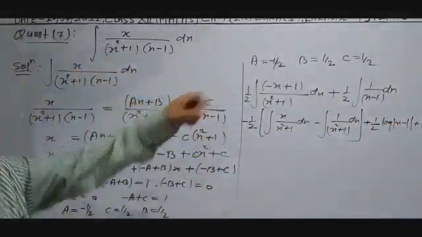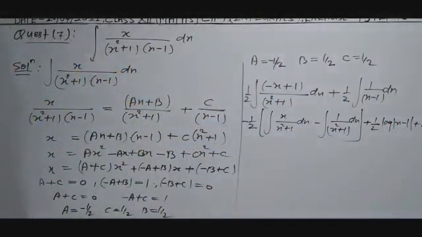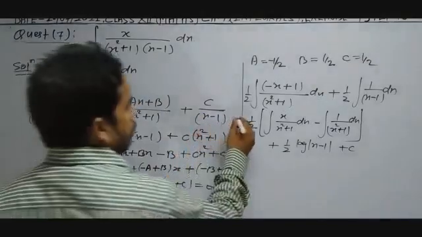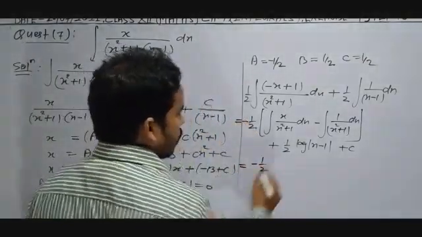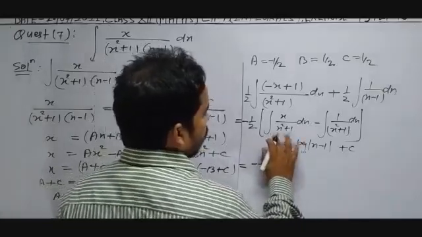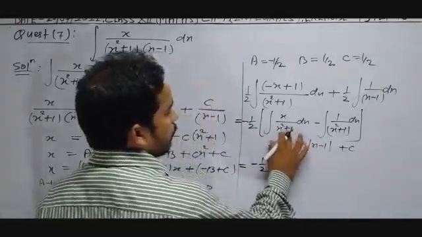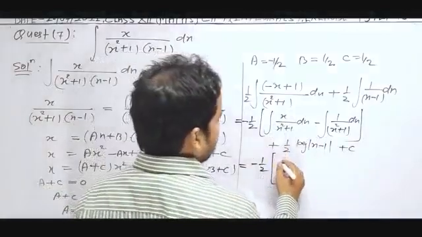So the last integration has been completed, and minus 1 by 2. To calculate this integral you will suppose t, then 2x dx, the result will be 1 by 2 dt.